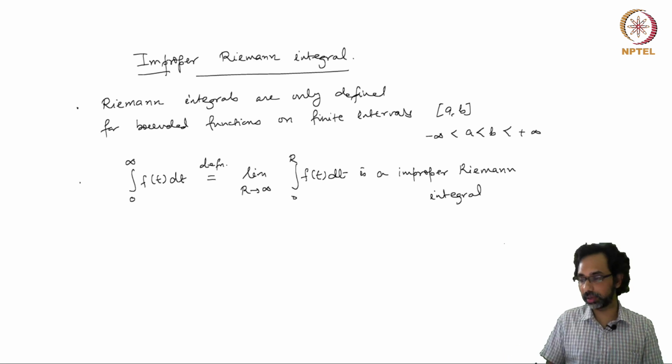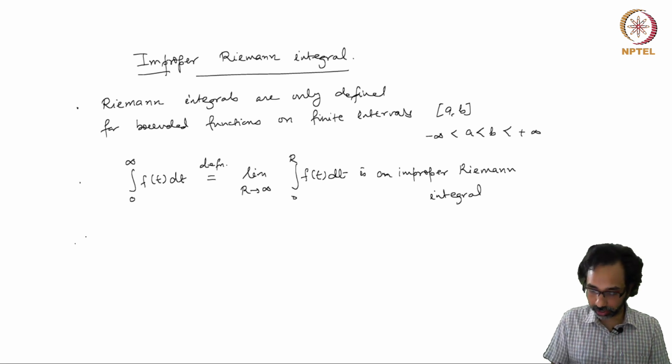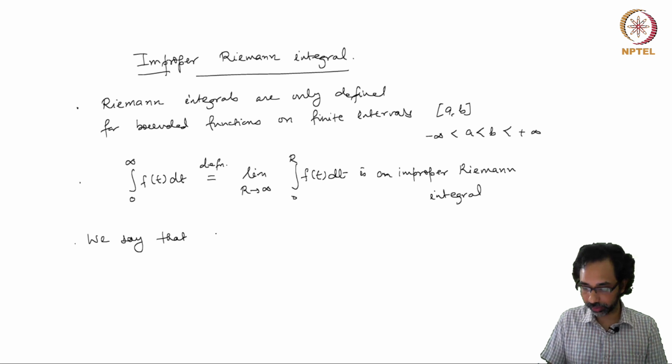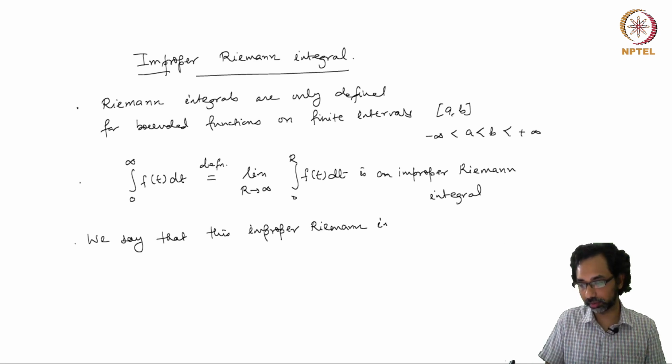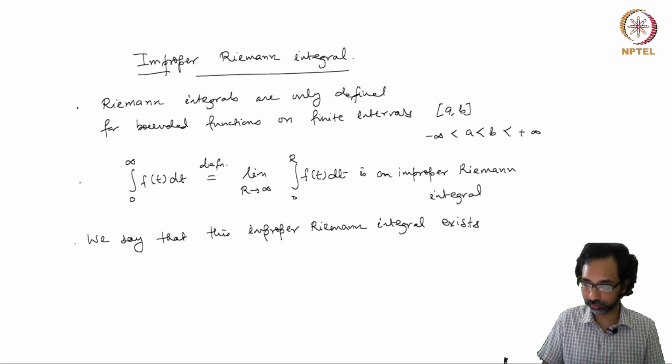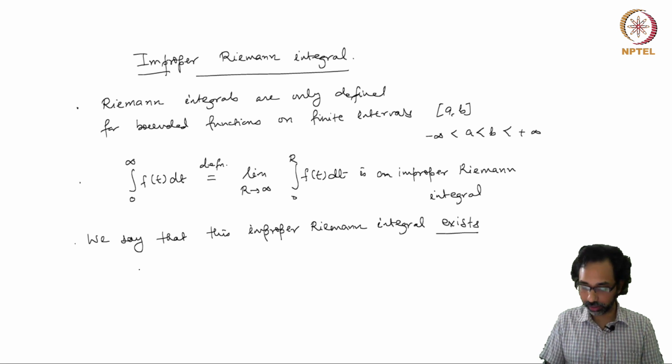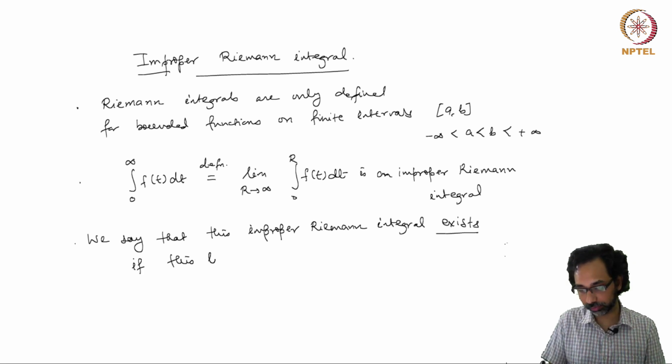So this is an improper Riemann integral, and we say that this improper Riemann integral exists if this limit is finite.